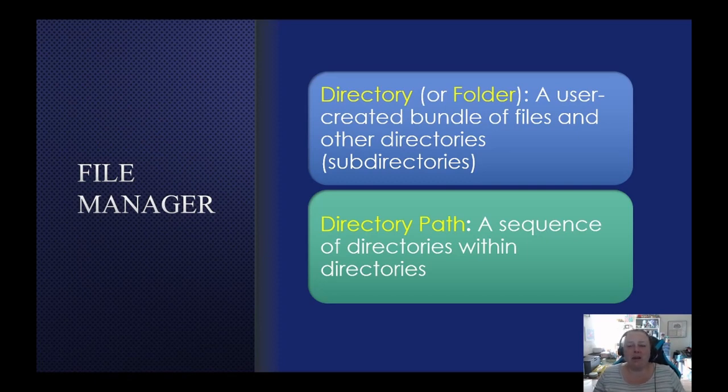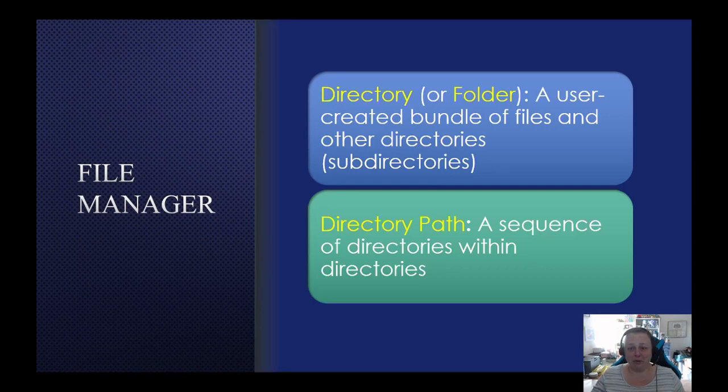But basically it is an opportunity for your user to group like data together, however they want to. Now, users can create folders inside of folders inside of folders, and in order to be able to access this, you need to know where it is. This sequence of exact locations is called your directory path. That's really all there is for file management.